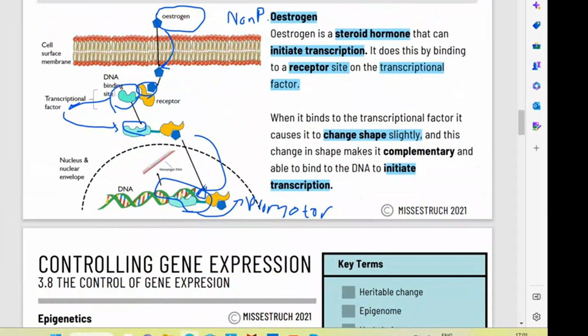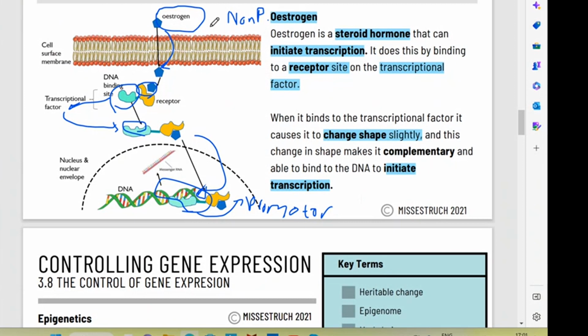So estrogen, this is the example that we have to use. Estrogen is a non-polar molecule. It can diffuse through the cell surface membrane, and it will bind to the receptor site on the transcription factor.